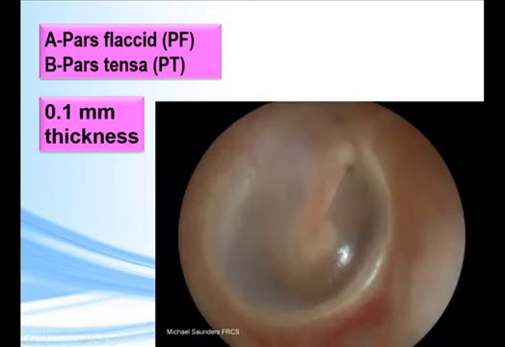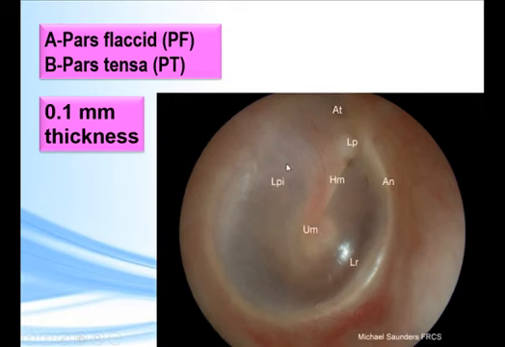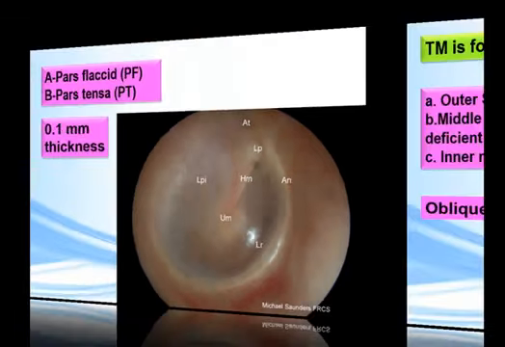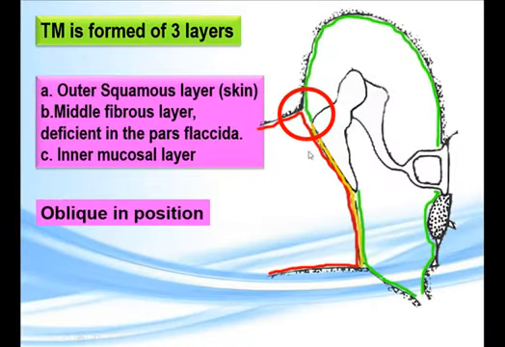This is the normal appearance of a drum. This upper part is the pars flaccida, and the whole rest of the drum is considered the pars tensa. Actually, it is composed of three layers. Here is a diagram to show that the drum has three layers.